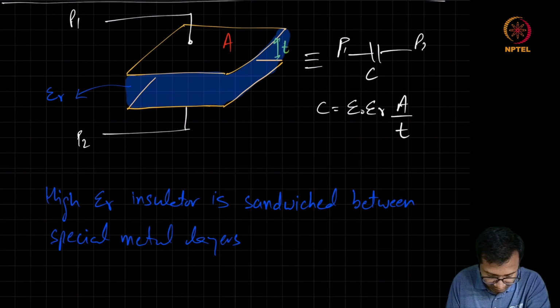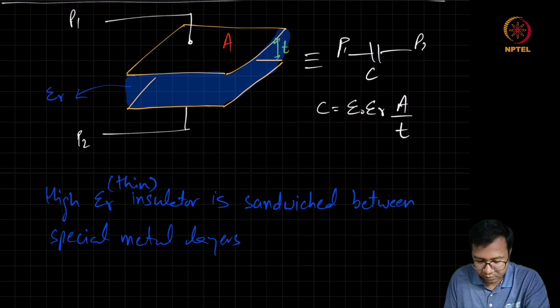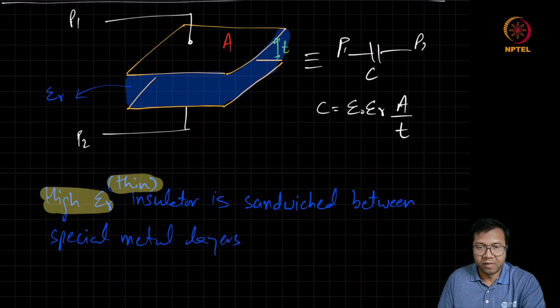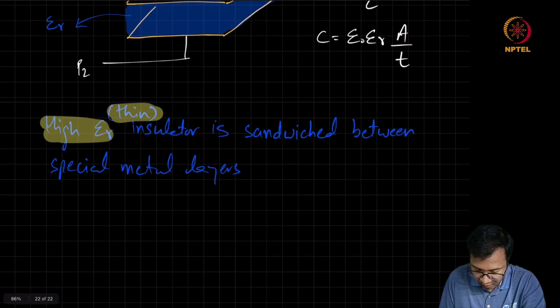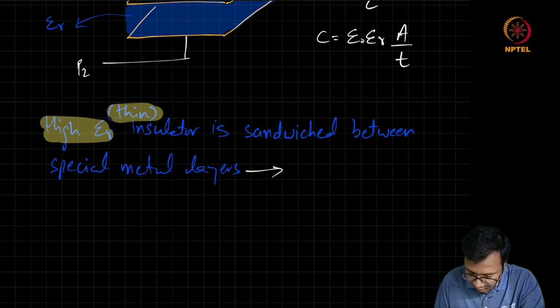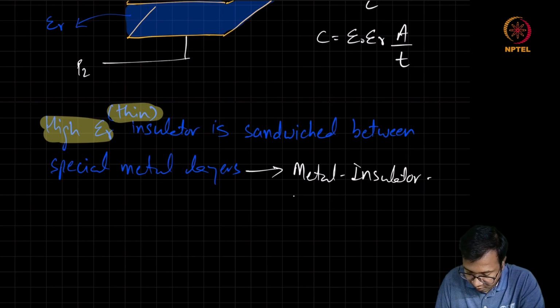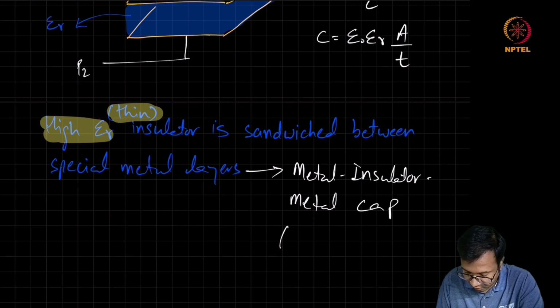And I should also emphasize that it is a high epsilon r insulator, which is very thin. With the help of this special metal layer and this insulator, we get a capacitance, which is also very dense. This is called a metal insulator metal capacitance, or MIM cap.